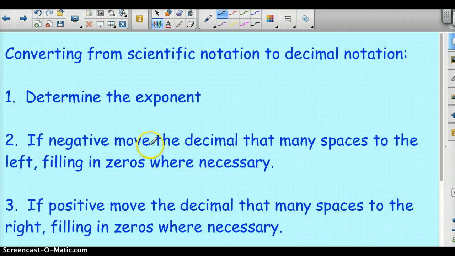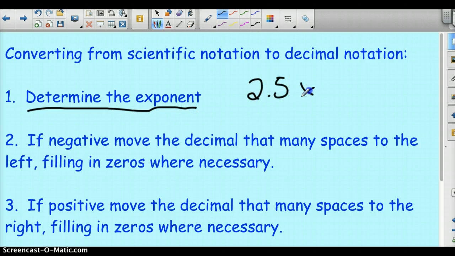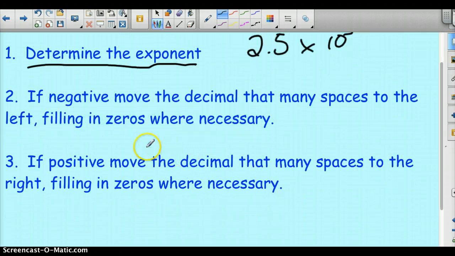All right, so let's talk about how we do this. First thing we're going to do, when we convert from scientific notation to decimal notation, we will determine the exponent. For example, in 2.5 times 10 to the third power, 3 is the exponent. Very important.